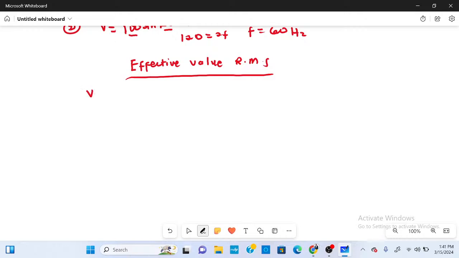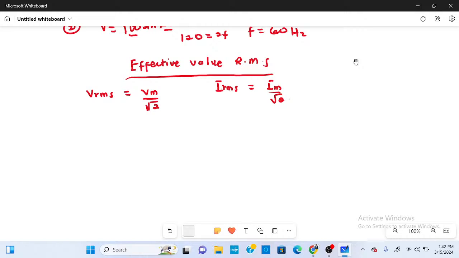The VRMS, which is the root mean square voltage, is always equal to our peak voltage over square root of 2. And your IRMS, your root mean square current, is always equal to your peak current over square root of 2. This is a relationship you should have in mind.